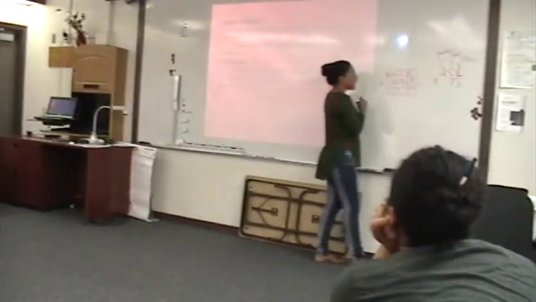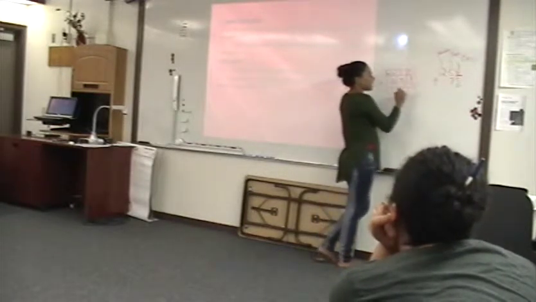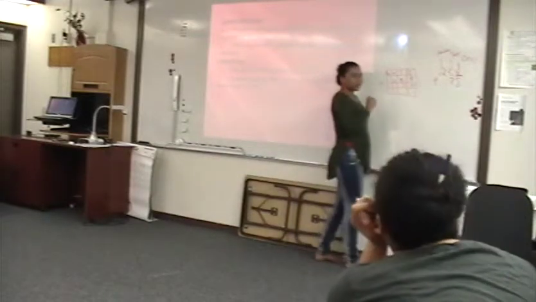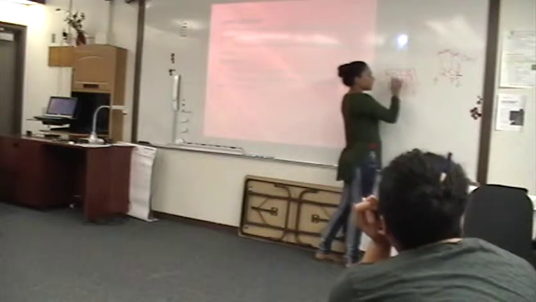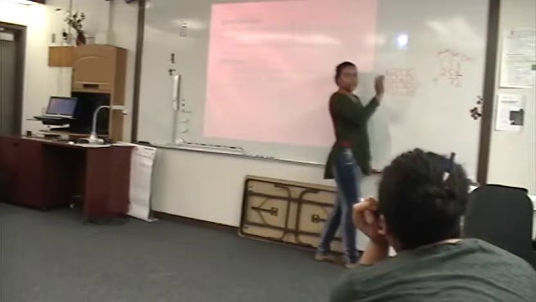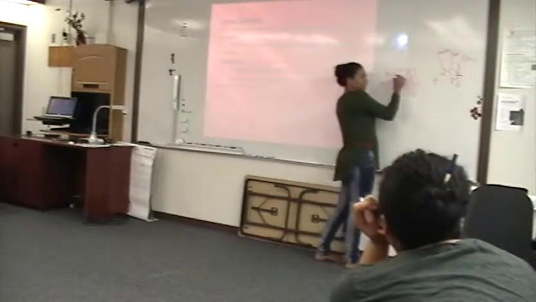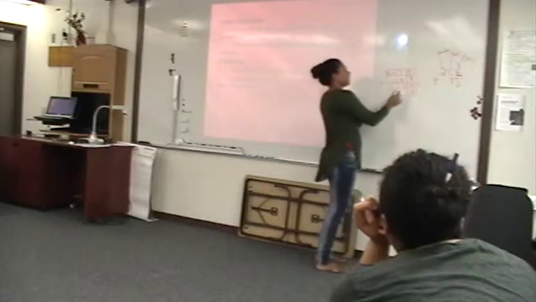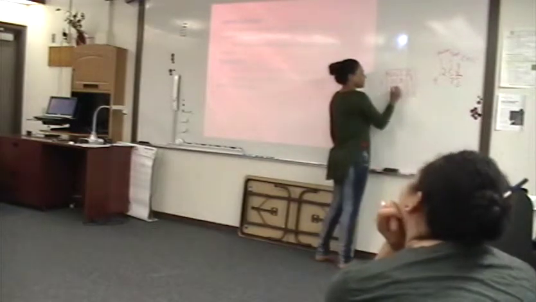Then we add them up. So 8 plus 5 is equal to 13. So we put 3 down, and we carry the other digit to the next column.